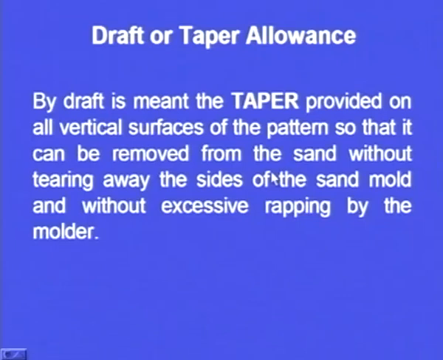Now, next one is the draft allowance or the taper allowance. What is this draft allowance? When we mold the pattern in the mold box, we ram the molding sand, and after compacting the molding sand, we have to withdraw the pattern.